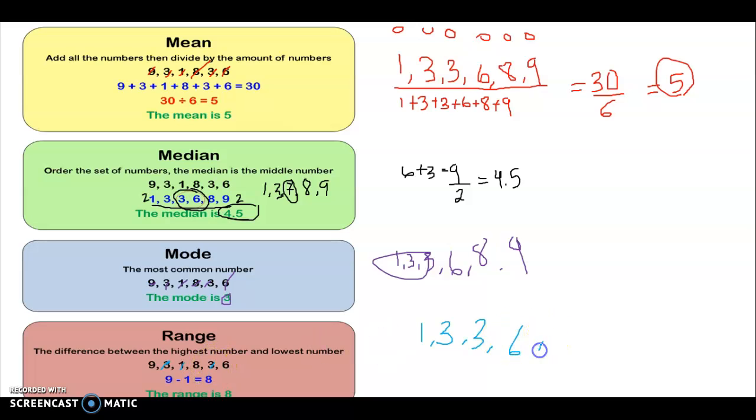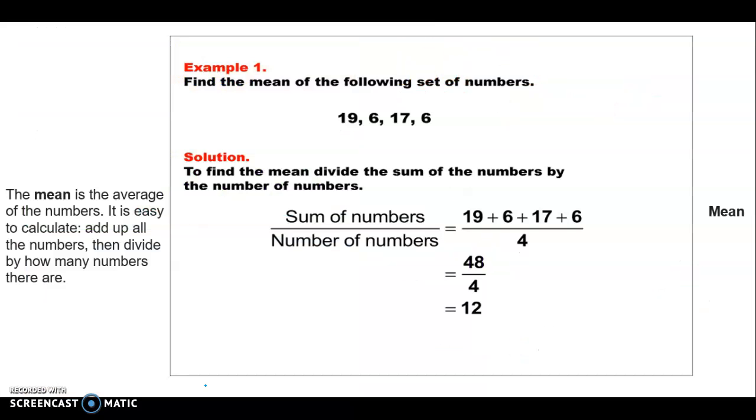Now we subtract the least from the greatest. So we subtract 9 minus 1, so it will be a total of 8. So that's how we get the mean, the median, the mode, and the range.